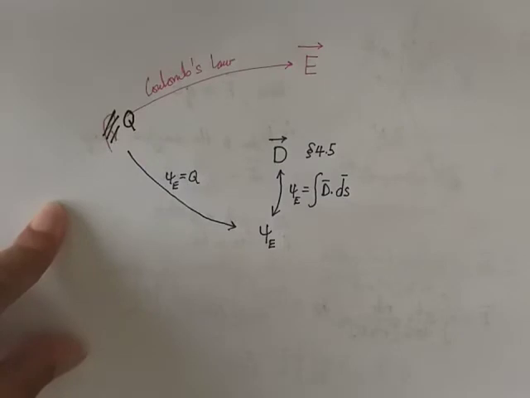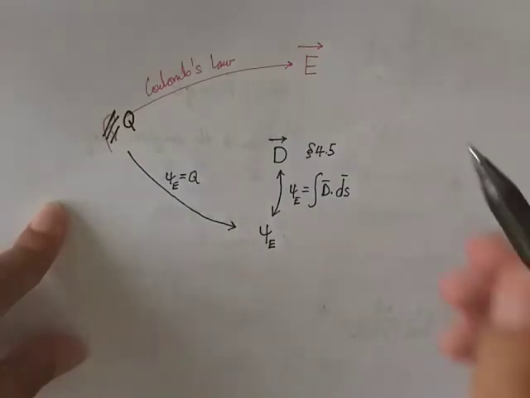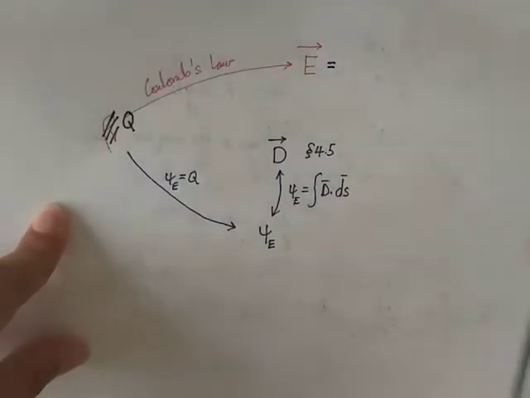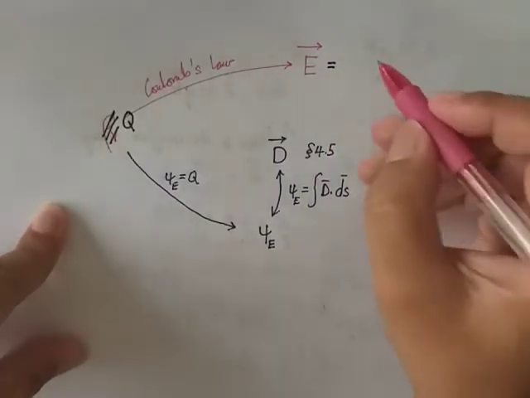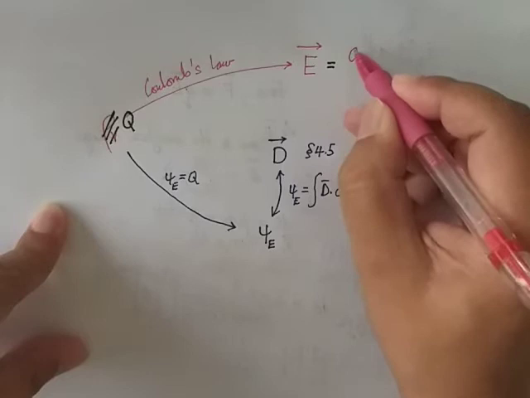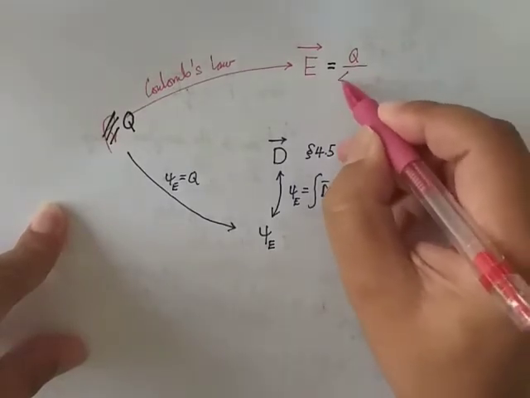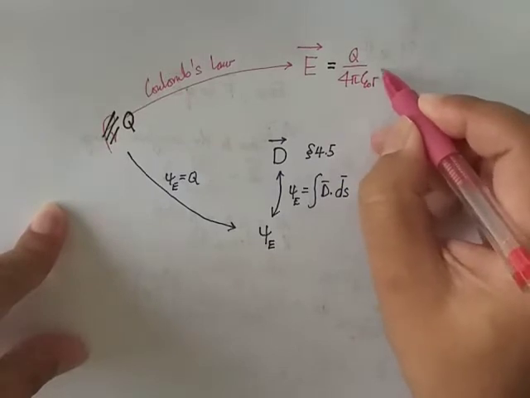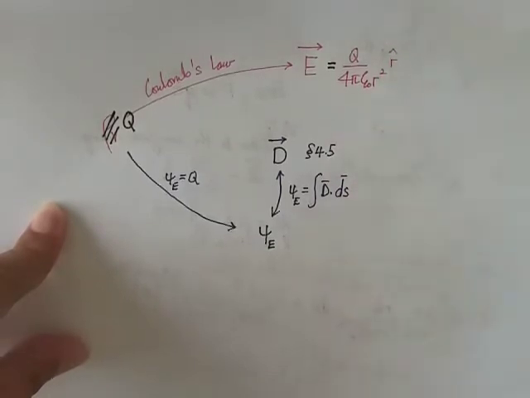When we solve a point charge, we know the E, based on Coulomb's law, is equal to what? Anyone remember the E? Yes, Q divided by 4 pi epsilon naught r squared, in the r direction. Remember that?